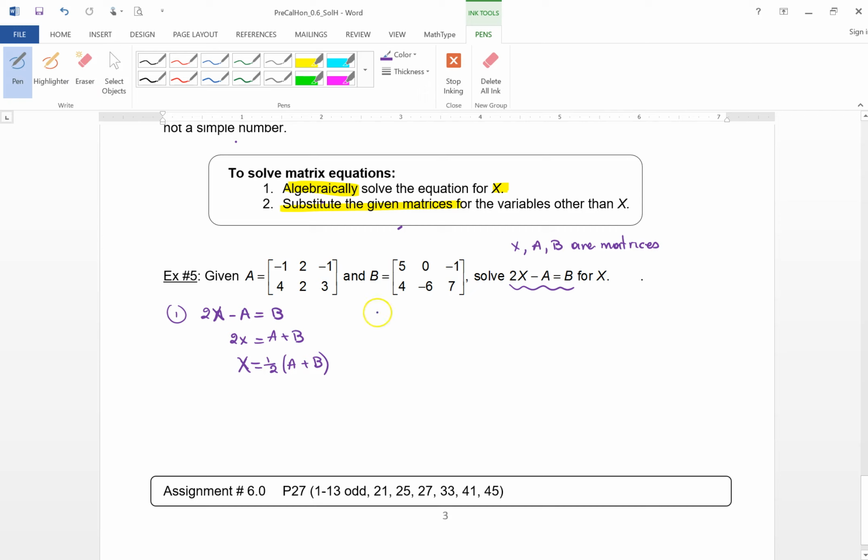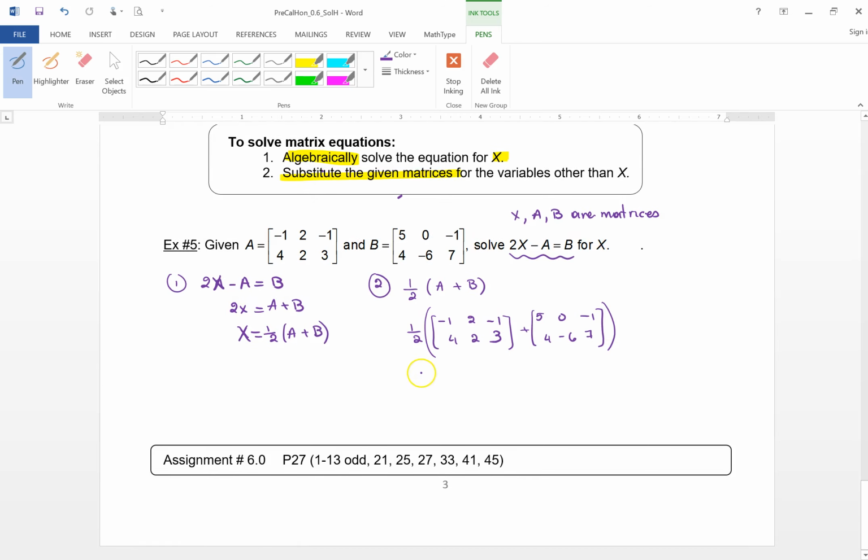So for step 2, I say, okay, half times A plus B. This is half, the A matrix plus the B matrix, and you can use parentheses as a grouping symbol like this.